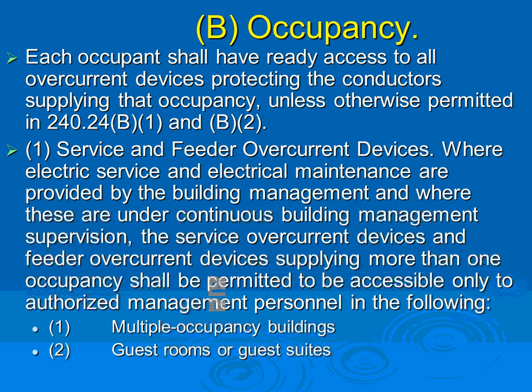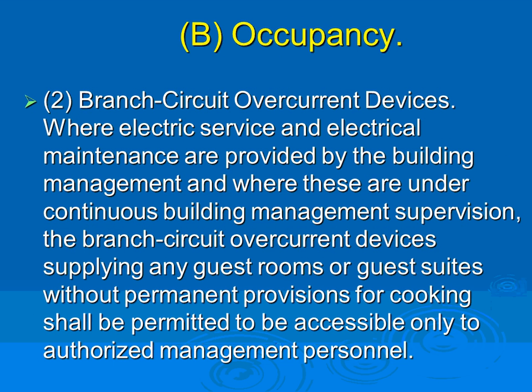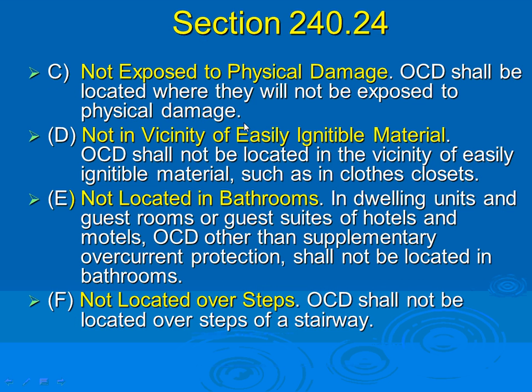Guest rooms and guest suites, they allow you to put the panels and overcurrent device somewhere else. Apartments, you have to give them access to their overcurrent devices. Building under continuous operation management, if it doesn't have cooking, shall be permitted to be accessible only to qualified people, for guest suites and guest rooms and so forth.